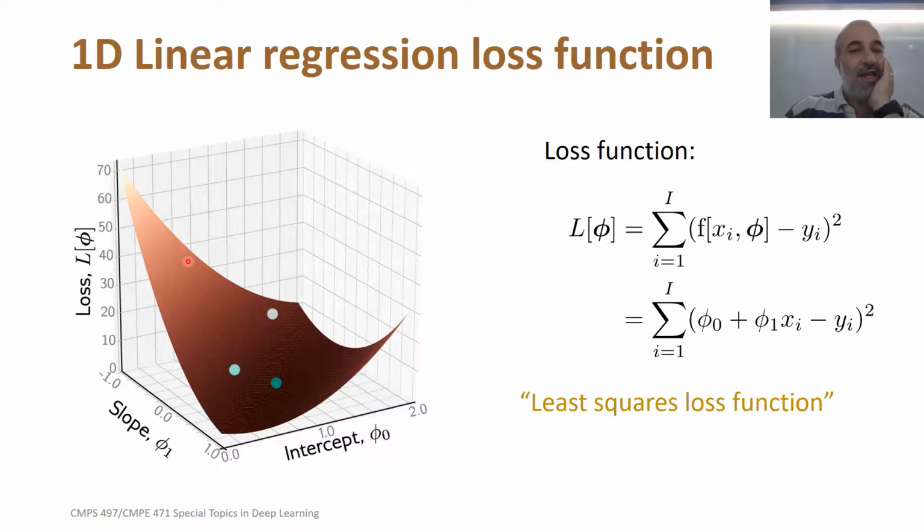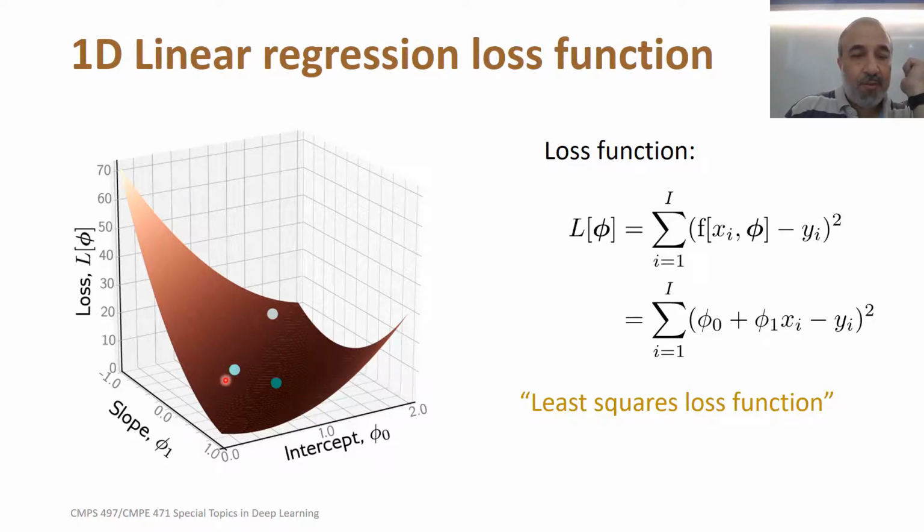But to get an indication of the values, you can think of the shading: brightness indicates high values and darkness indicates low values. So we actually aim to find the darkest point of this surface.